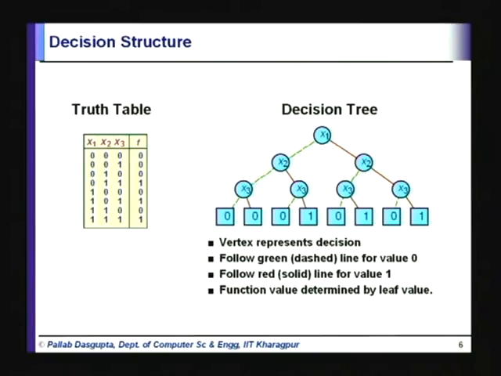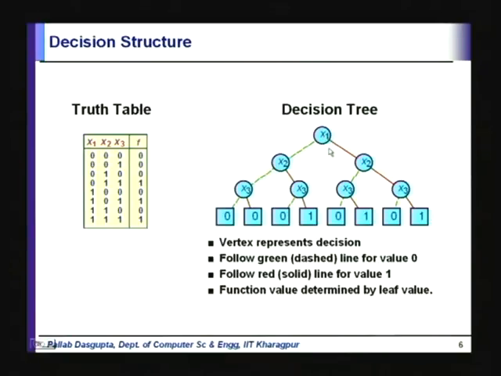So, to understand what a BDD is, we first look at what a decision tree is. A decision tree is one where for every variable, so for x1, if it is false we go this way, if it is true we go this way, and then after checking x1 we check x2, if it is false we go this way, if it is true we go this way, right. So, each path of this decision tree represents one valuation of the variables.